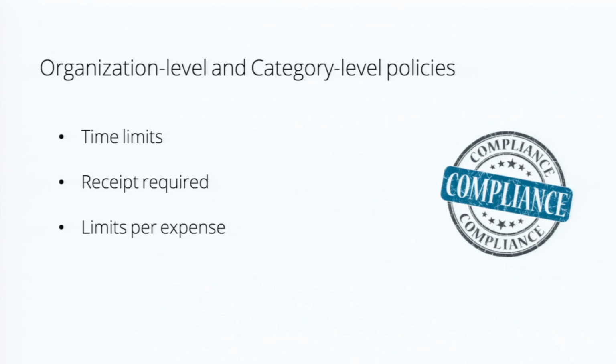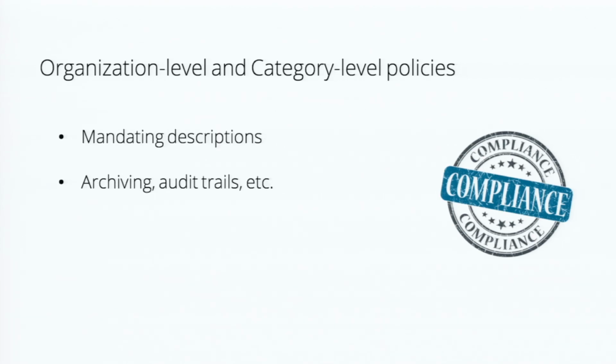No. So per category, they can limit these expenses. And then they can say, for any expense that is more than $20, I want to mandate descriptions. And things like that.